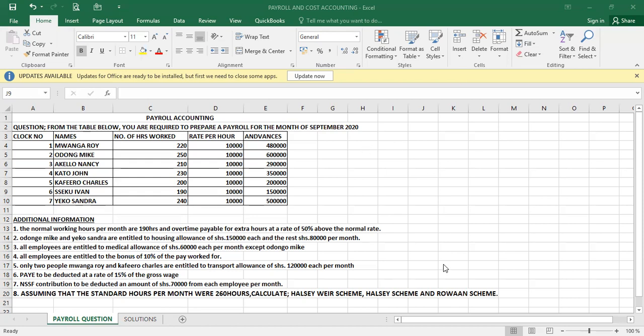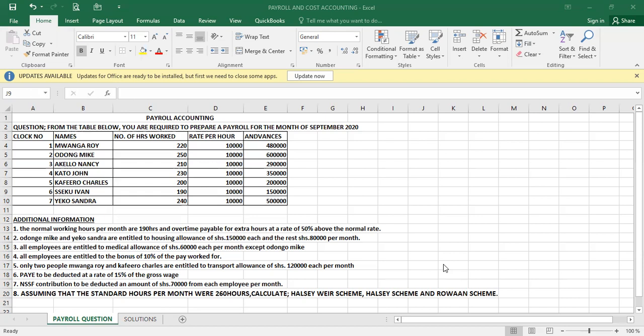So this is the question. The question says, from the table below, you are required to prepare a payroll for the month of September 2020.